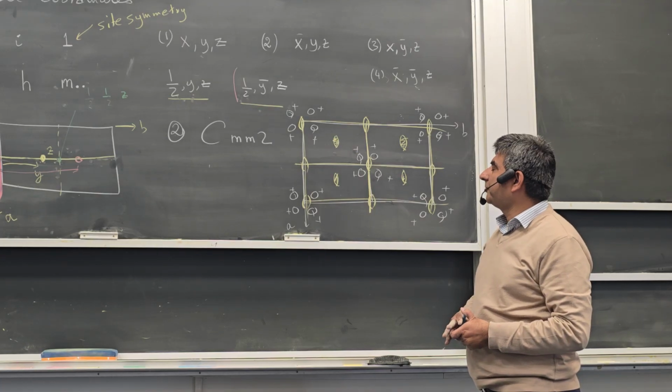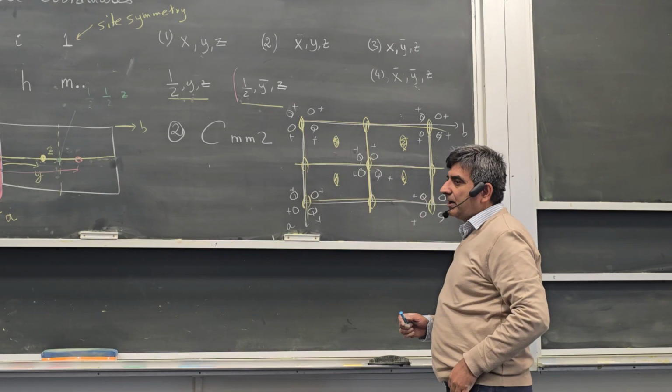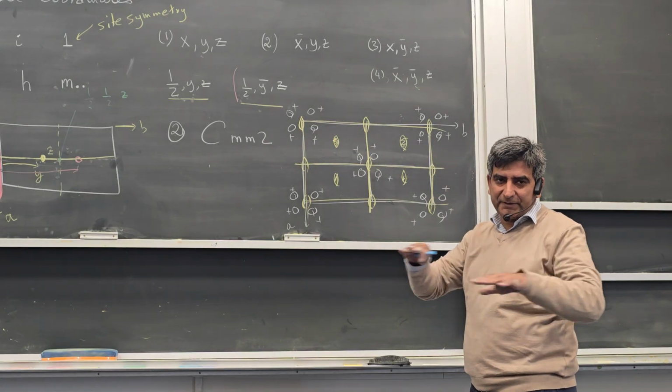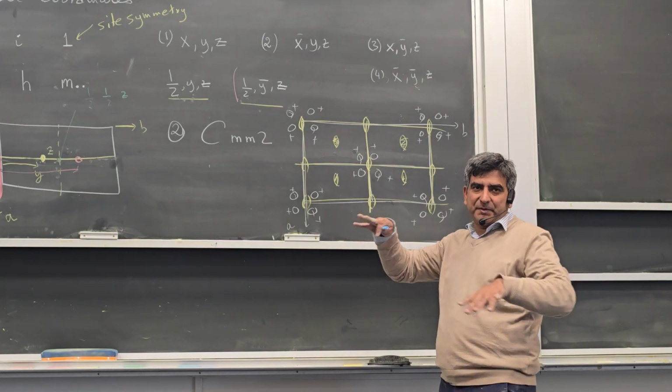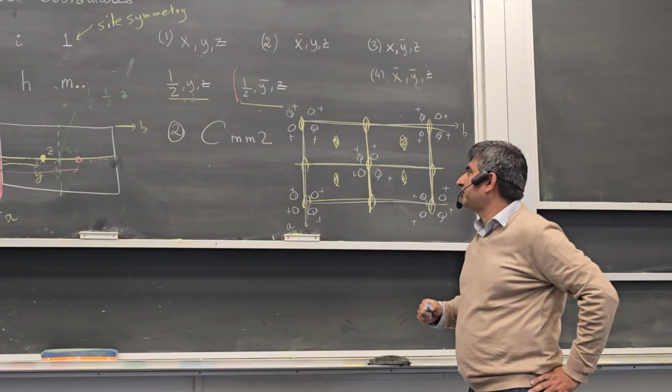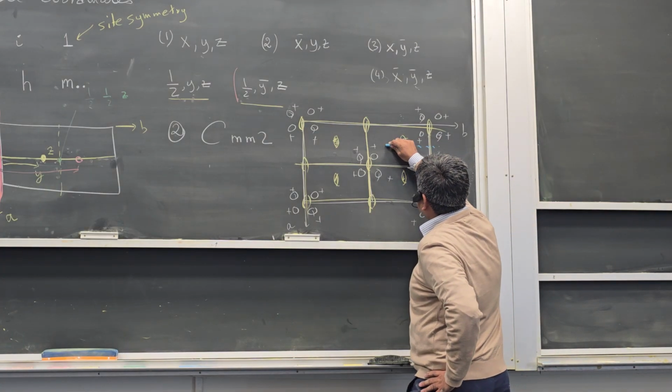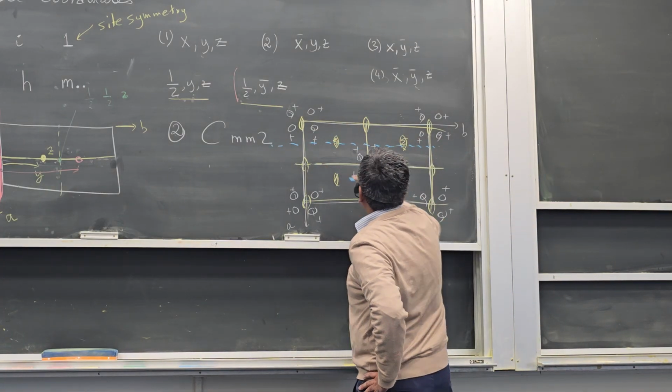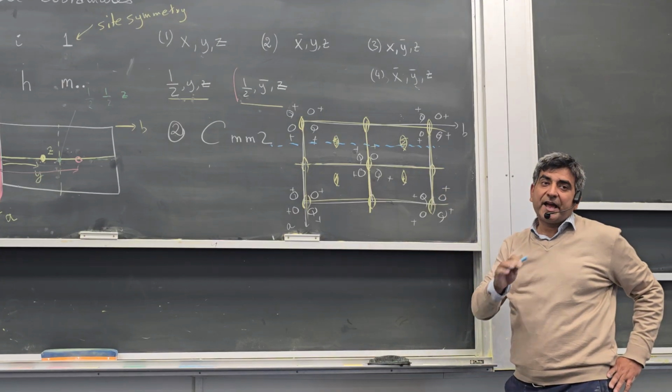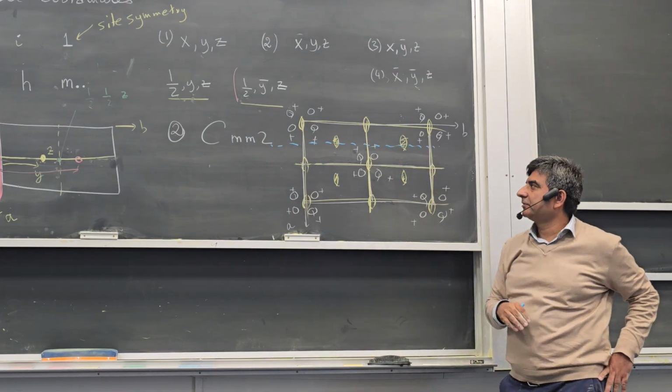So if I were to take a mirror plane, assume I take a mirror plane out of the plane of the paper. Let me draw one. So mirror plane over here. It's dashed. It's coming out of the plane.